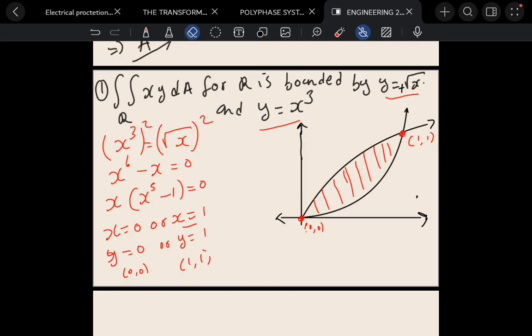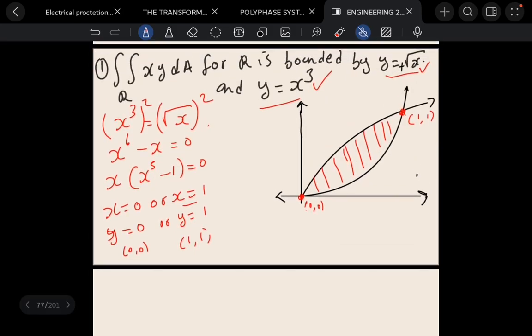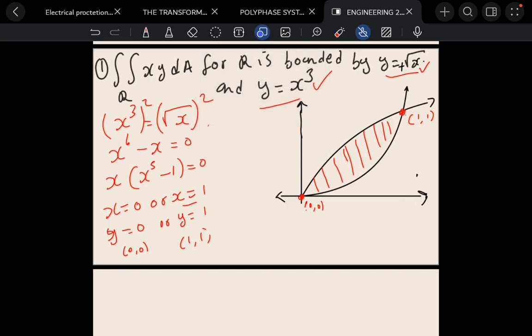Now, if you are given the equations, guys, always find the points of intersection. Whenever you're given the equations, always find the points of intersection. Now, let us do our thing. We go to the region, the points of intersection, we draw a vertical line.